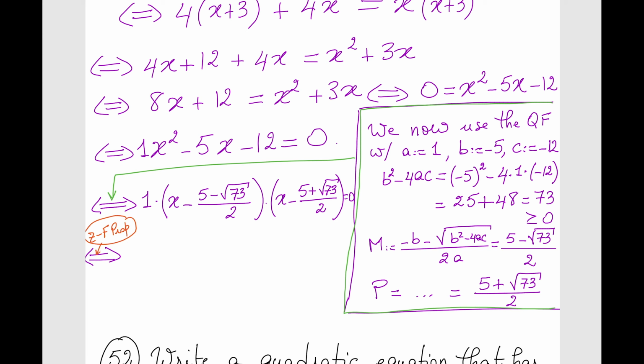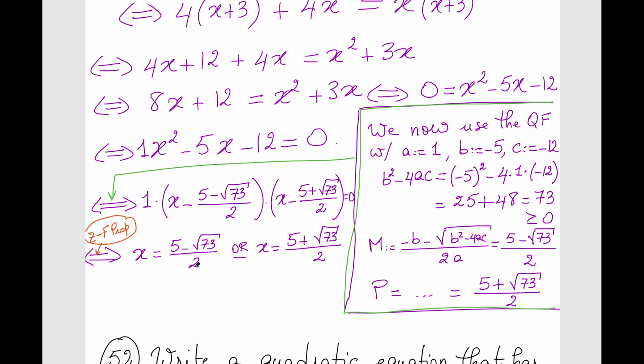Okay, and what do we obtain? We obtain that x minus this is 0 or x minus that is 0. So either x is going to be this guy, correct, the m, or it's going to be the p, which is 5 plus square root of 73 over 2.